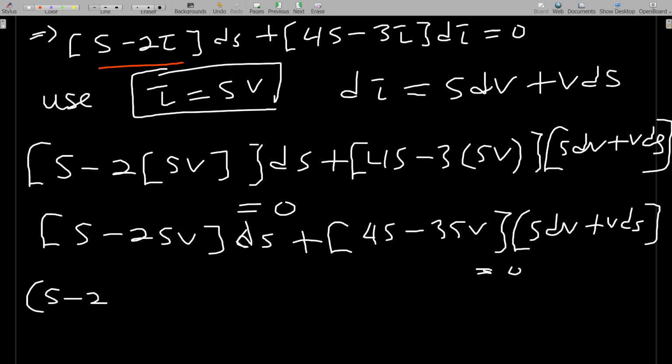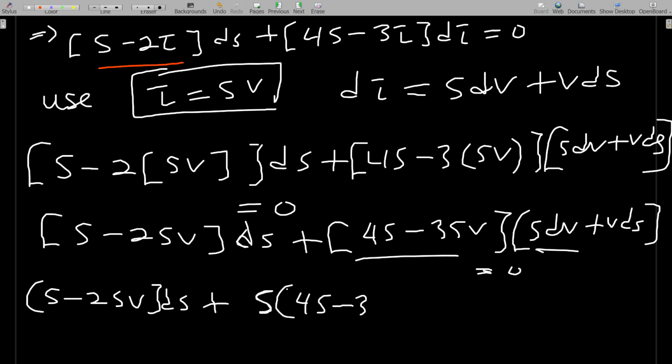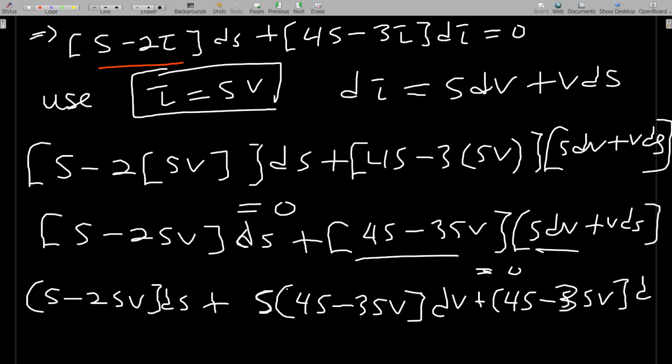So this will give me (S minus 2Sv) dS plus S times (4S minus 3Sv) dv, where this multiplies the first term, then the other one gives plus (4S minus 3Sv) v dS, and this should be equal to 0.